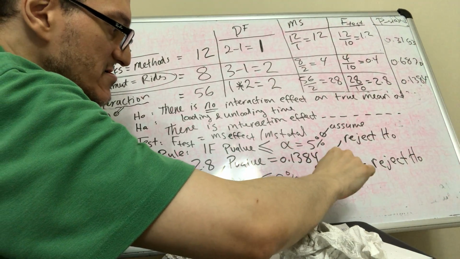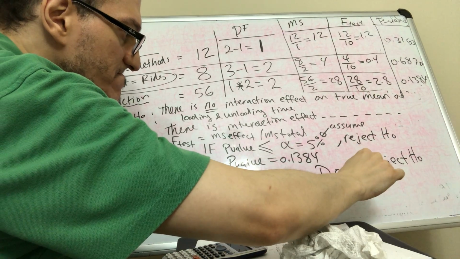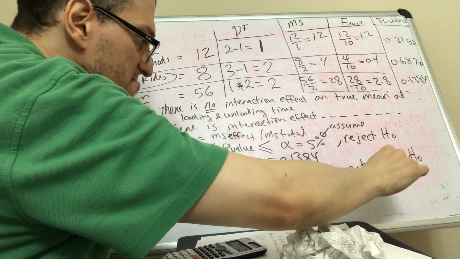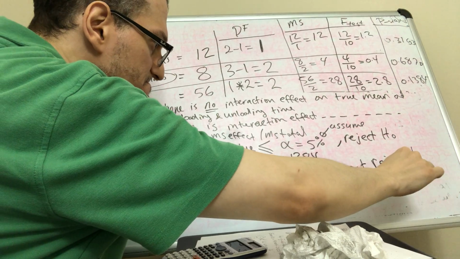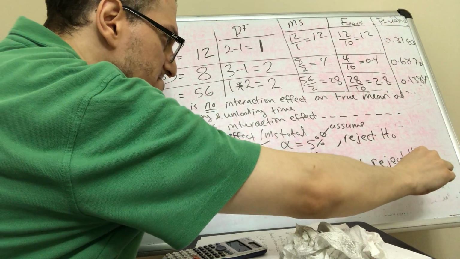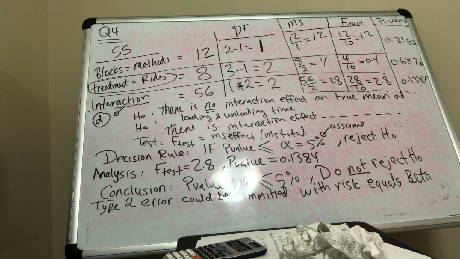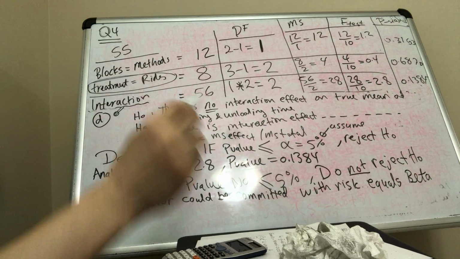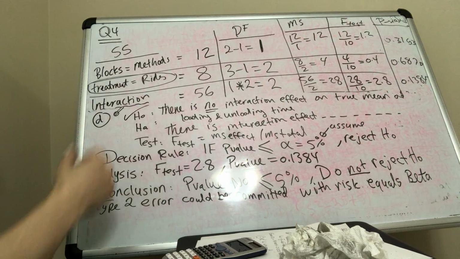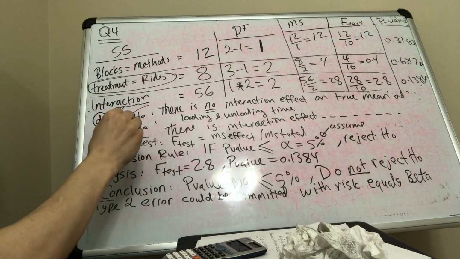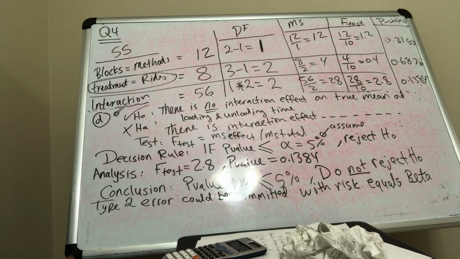With risk equals beta, and you don't need to calculate. Not rejecting H0, you're accepting it. There is no evidence of interaction effect.